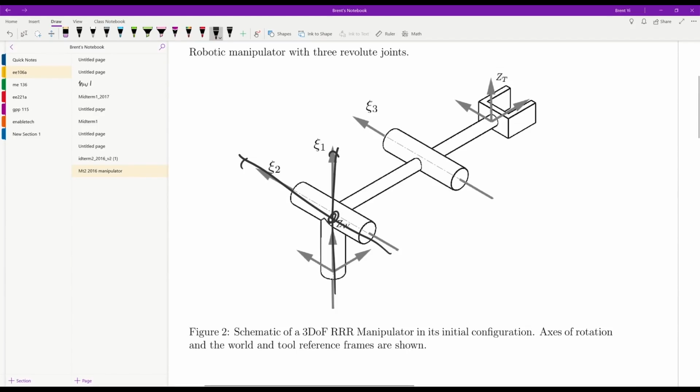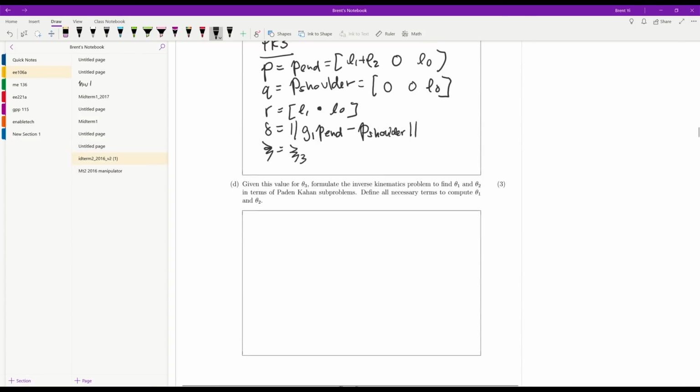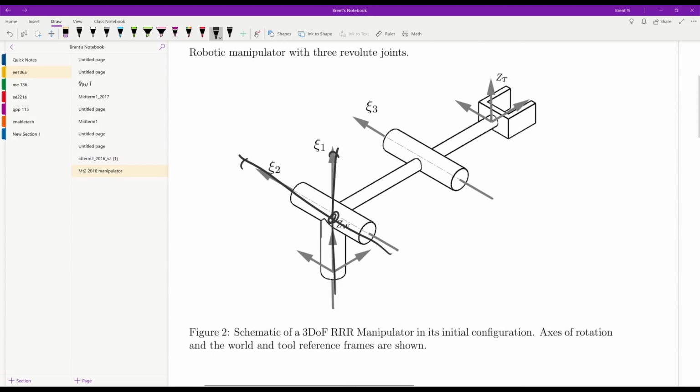And we also want to solve for them simultaneously, which is kind of implied in part D. And you should be able to pattern match this with PK2. PK2 requires that we're trying to move a point from one location to another using two joints that intersect. So let's try to set this up as a PK2 subproblem.